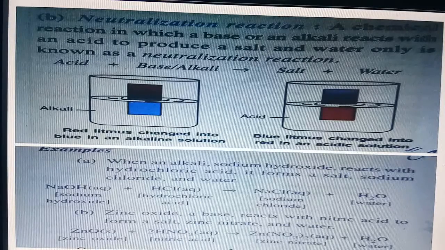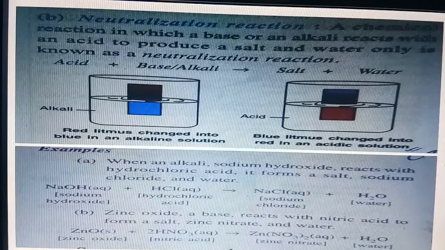So let's see the definition for neutralization reaction. A chemical reaction in which a base or an alkali reacts with an acid to produce a salt and water only is known as a neutralization reaction. So in a precipitation reaction, one of the products was a precipitate. But in a neutralization reaction, there are two reactants, one is an acid and one is a base, and the products are always salt and water.